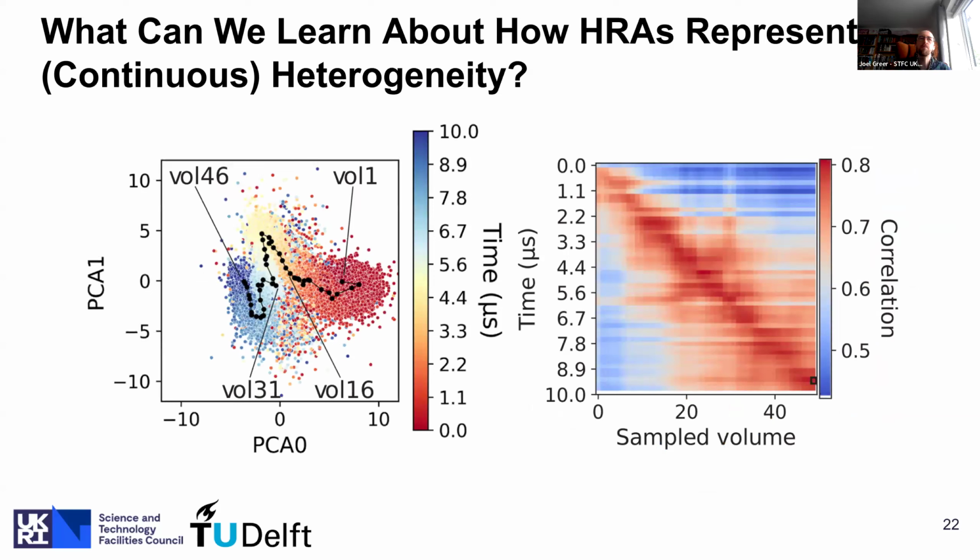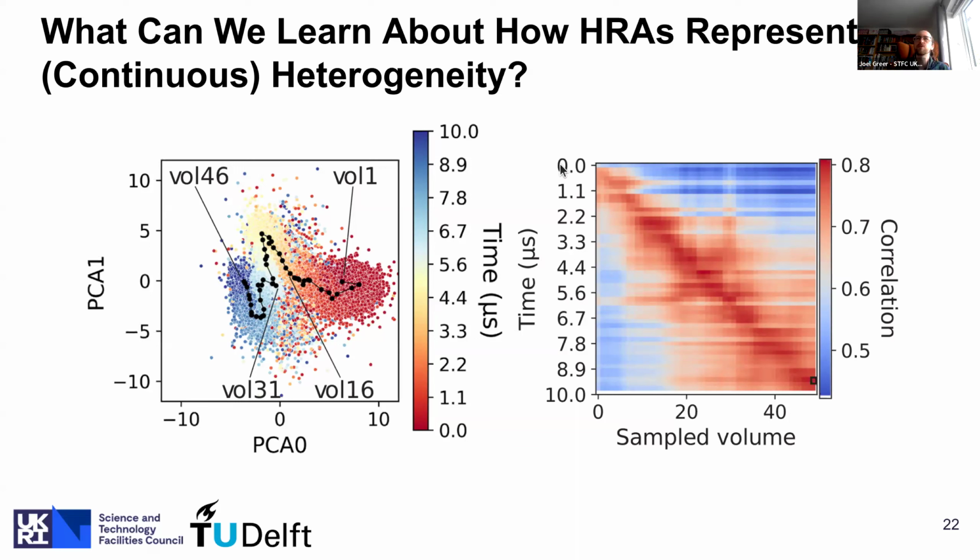Okay, now remember that with this latent space embedding, you can take any point in this latent space and decode a volume representation of the conformational heterogeneity at that particular point in the latent space. So what we've done here is we've taken each of these average positions from each batch of conformations, from the start to the end of our MD simulation, and we've decoded a volume representation for each of these.